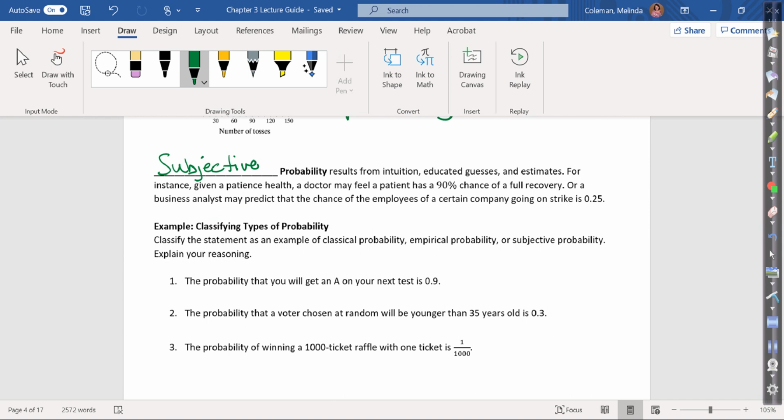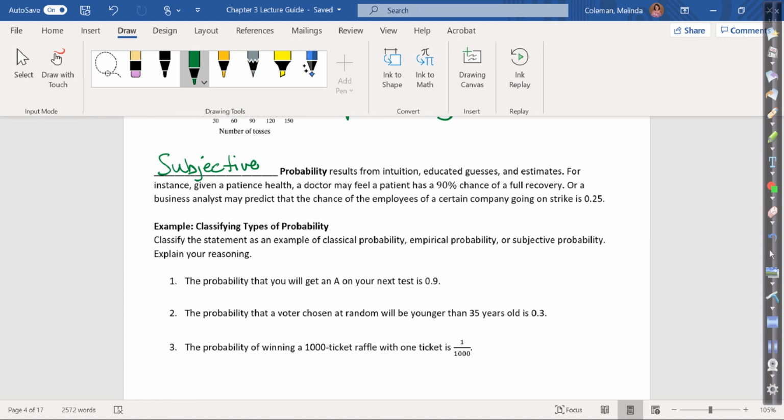He's going to base that on his experience with this type of surgery or injury. A business analyst may predict the chance of employees of a certain company going on strike is 0.25. Again, he's seen and worked with this type of company. They've gone on strike before. How often have they gone on strike? What is his intuition? What's his estimated guess?